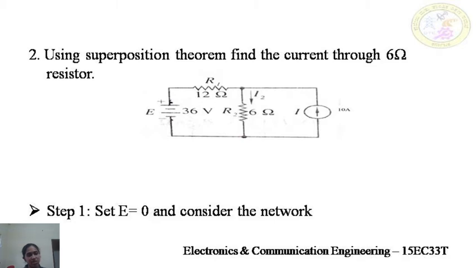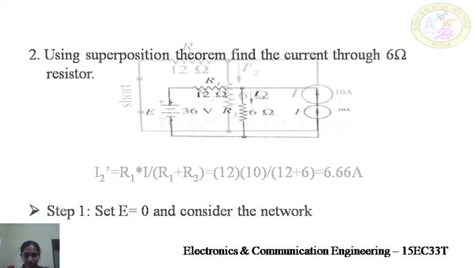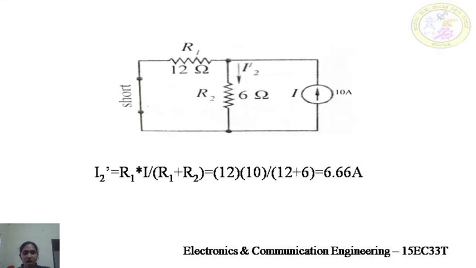The internal resistance of voltage source is not given. Therefore, the voltage source is replaced by short circuit. And using current divider formula, we can obtain the current flowing through 6 ohm resistor.